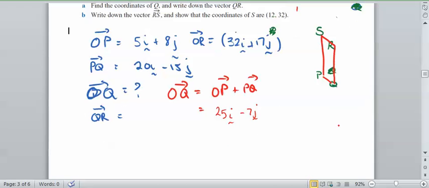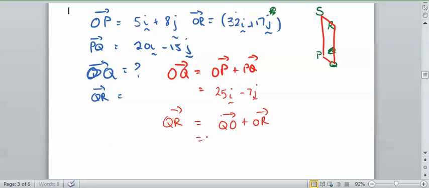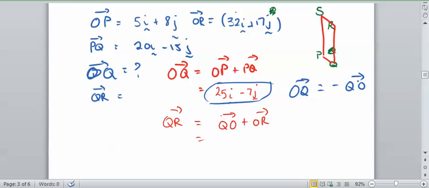And the vector QR. QR is the same as QO plus OR. Now QO, remember, it's the opposite of this. OQ is equal to negative QO. So we need to go the other way.